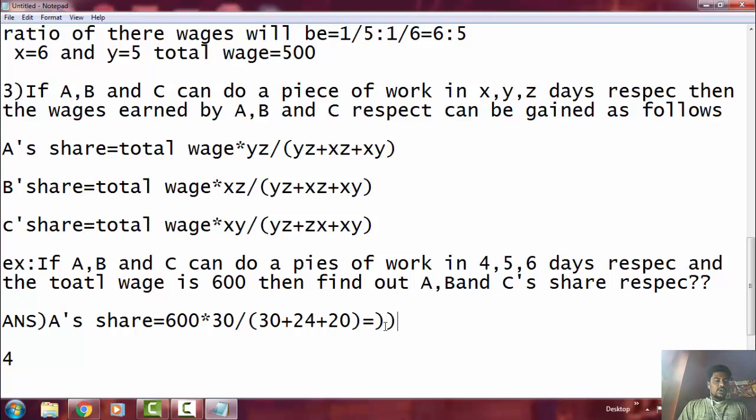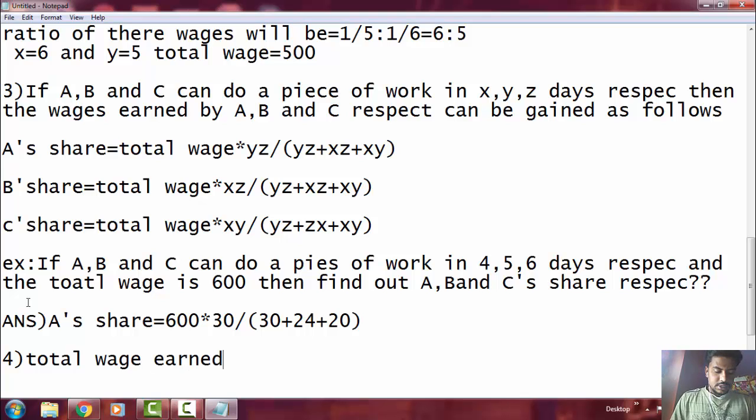Now it's completed. Now I am going to tell you another simple concept. The concept goes like this: total wage earned in doing a work. I discussed this before, but you need to have a glance at it.